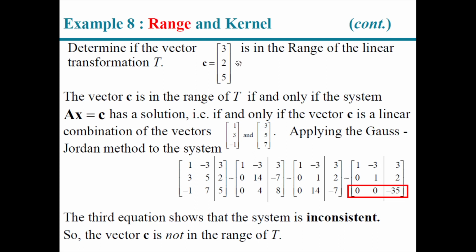Therefore, C does not belong to the range of the linear transformation T, because the system here is inconsistent. So we have several ways to formulate the same question in this case.